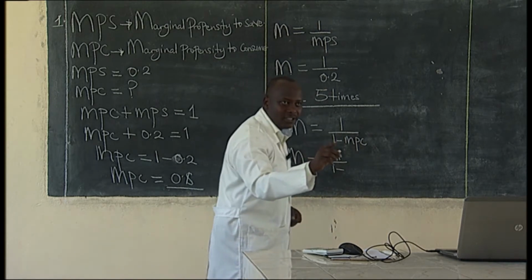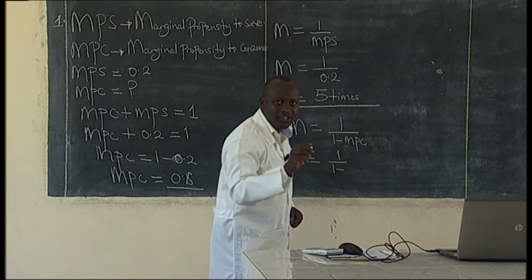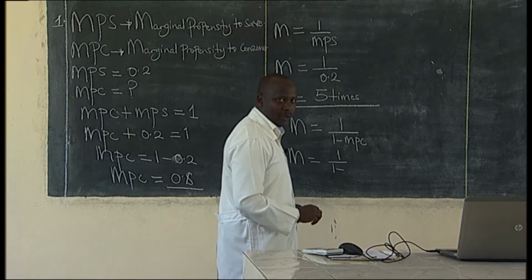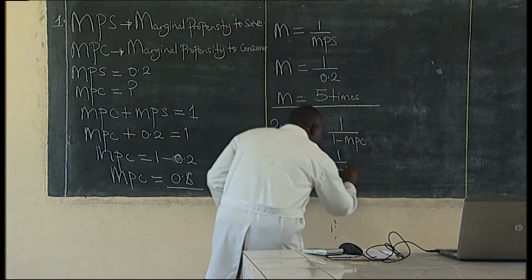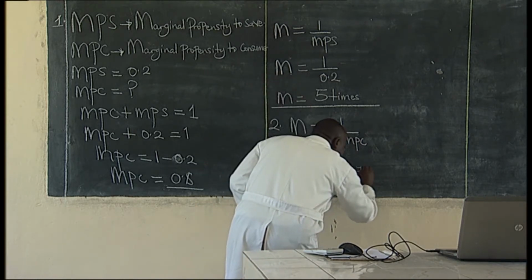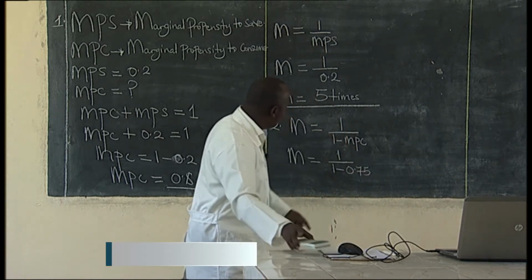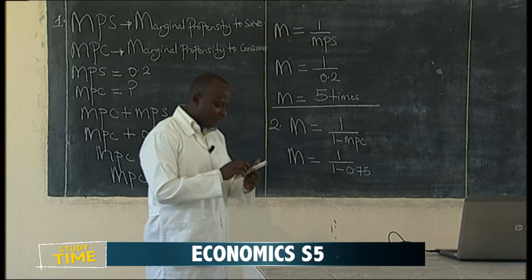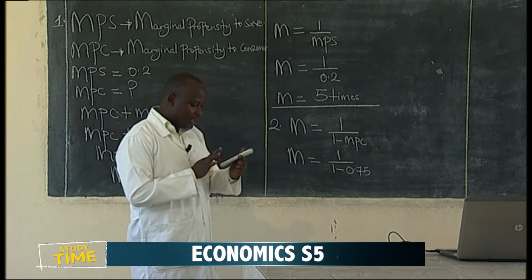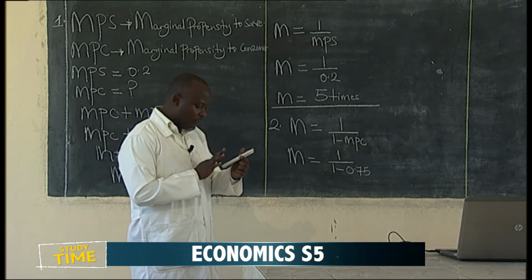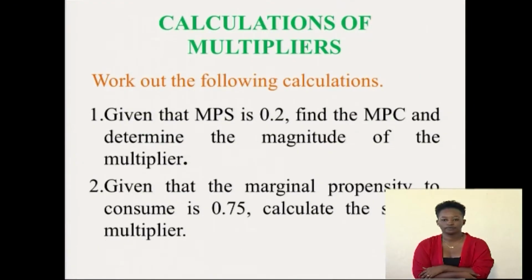Our marginal propensity to consume is 0.75. Learners, join me to calculate this. 1 minus 0.75 is 0.25.